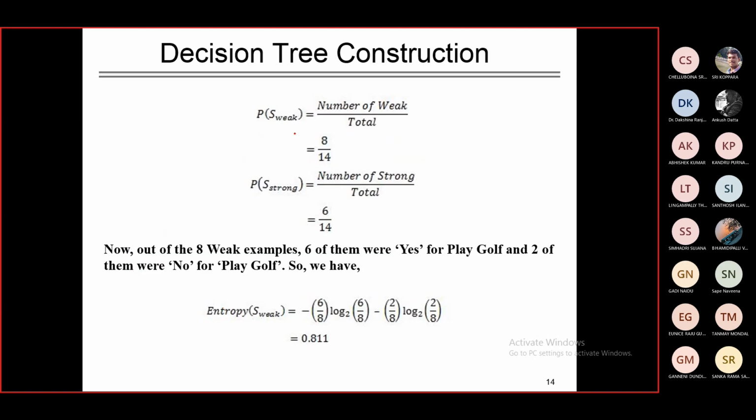Here we will calculate the probability of weak values. The number of weak is 8, so 8 upon 14, and for strong we get 6 by 14. The entropy for weak is found using 6 by 8 and 2 by 8. Why 8?